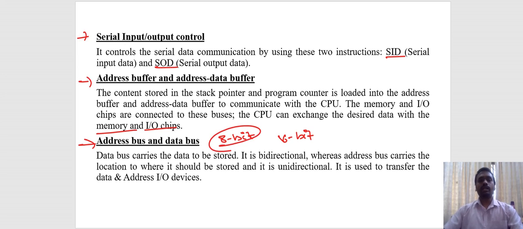This 8-bit bus is also known as a multiplexed address and data bus. That means these 8 lines will carry address and these 8 lines will carry data, which is separated with the help of timing. That's why it is known as a time multiplexed address and data bus.